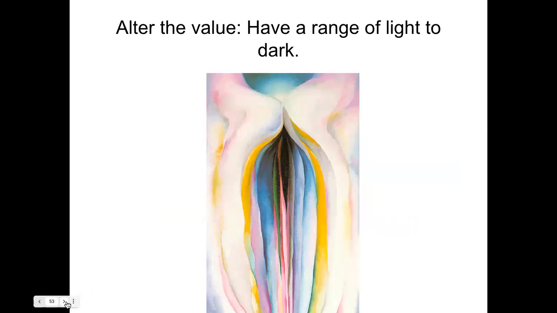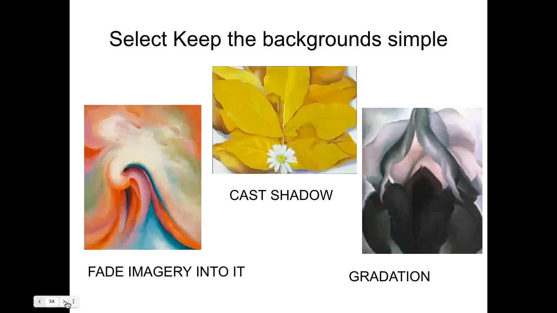On the tracing paper, use the white of the tracing paper as your white, and then try to see how you can get a range from light to dark. And then the last thing you're going to have to think about is, what kind of background do you want to include? We don't really want to use flat color or the white of the canvas. So you could have your imagery fade into the background, like this example on the left.